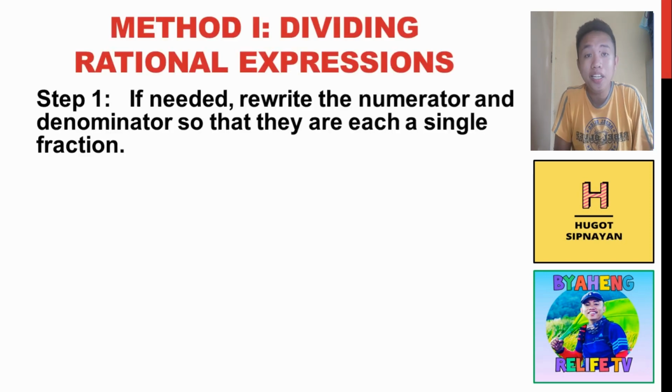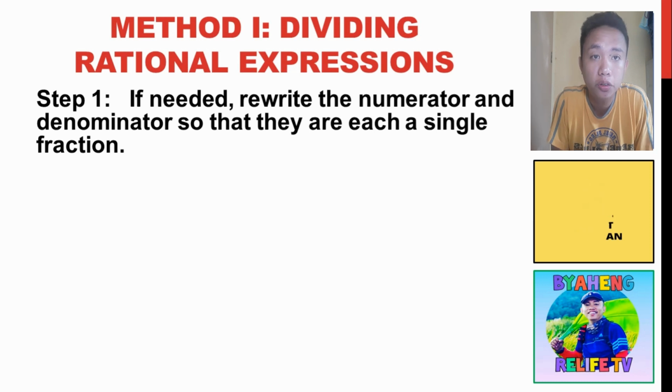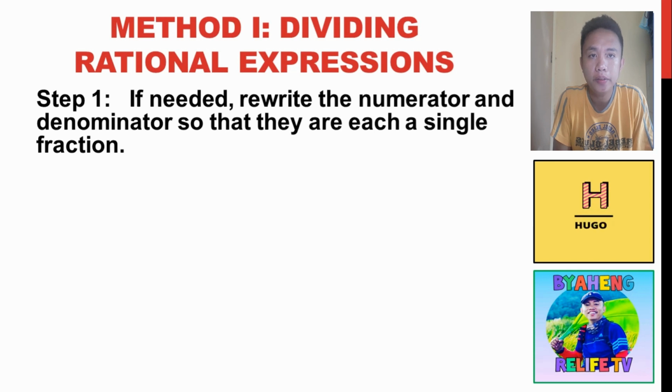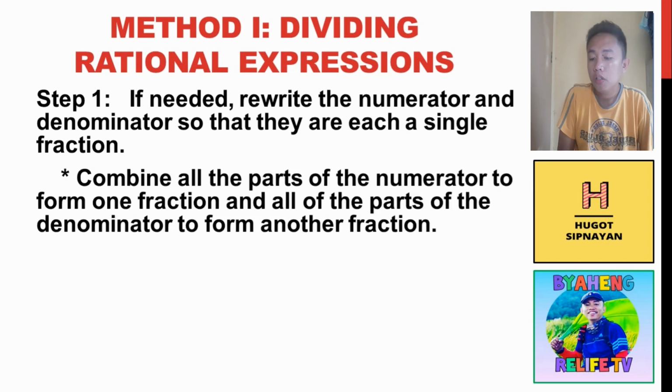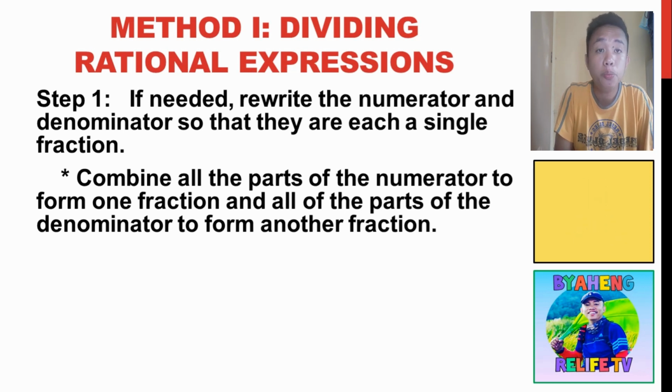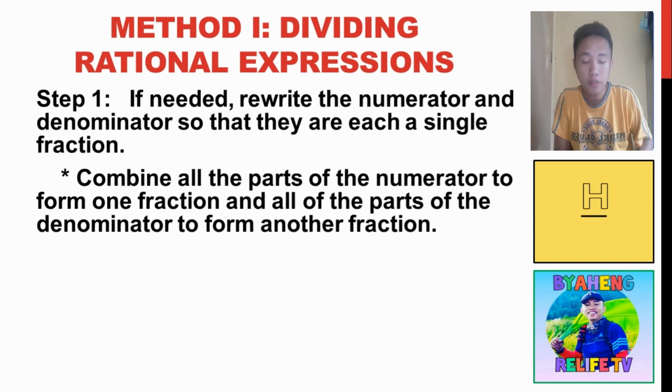Now, how are we going to simplify a complex fraction? For method number 1, step 1, we need to rewrite the numerator and denominator so that each is a single fraction. Gagawin po natin isang single fraction ang numerator and denominator by simplifying them or using the LCD, combining all the parts into one fraction.